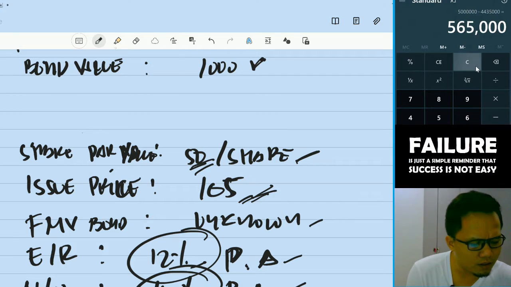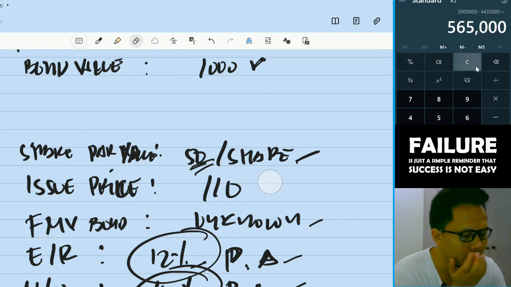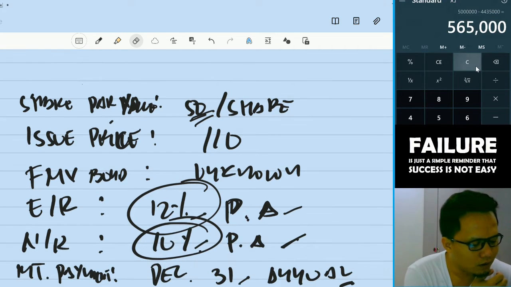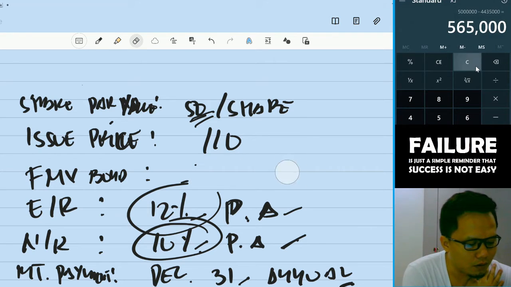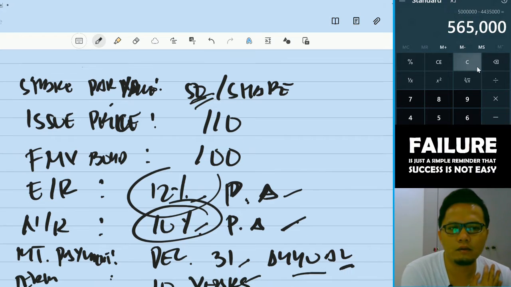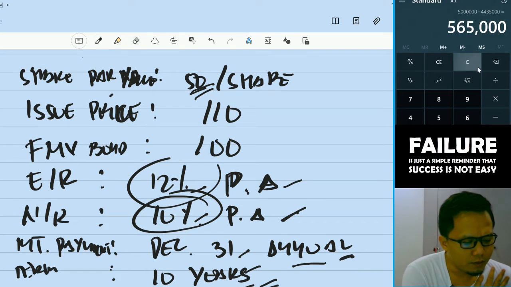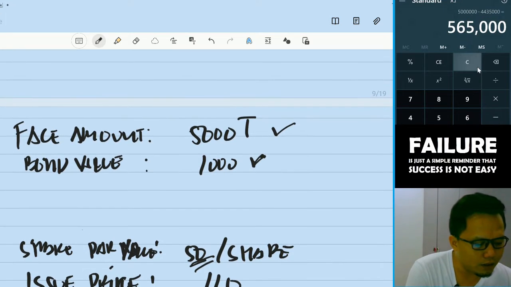The issue price, instead of 105, let's make it 110. And let's say the fair market value is given. Effective rate, let's say it's still 12%. Then nominal rate 10%. Then 10 years.